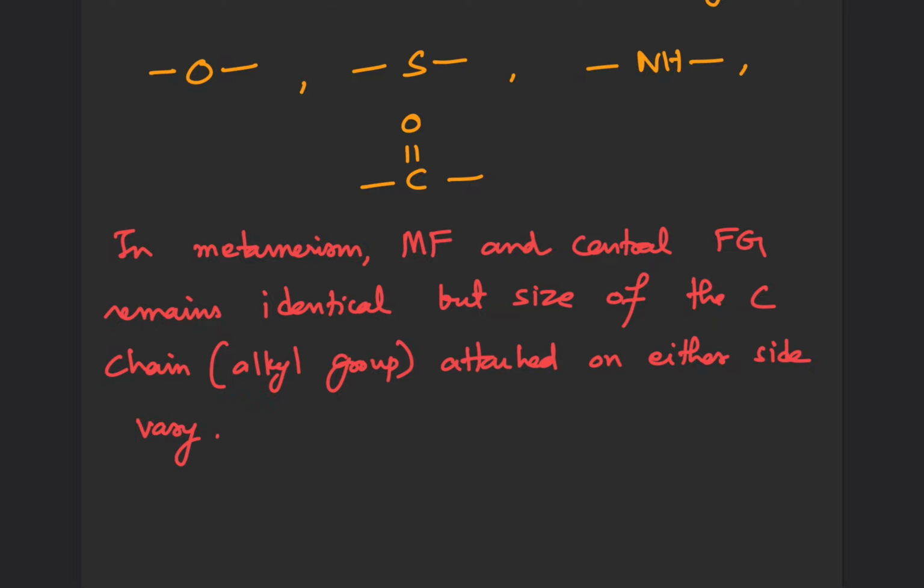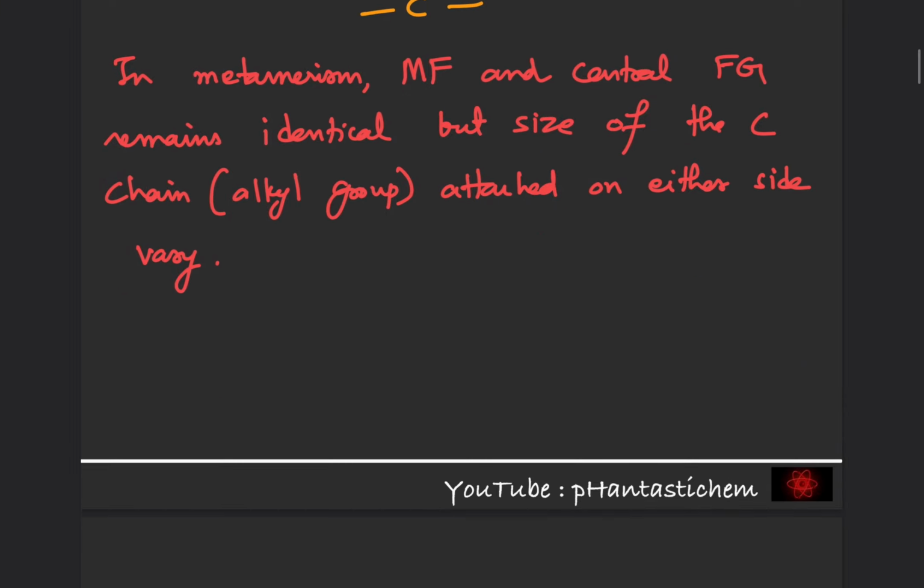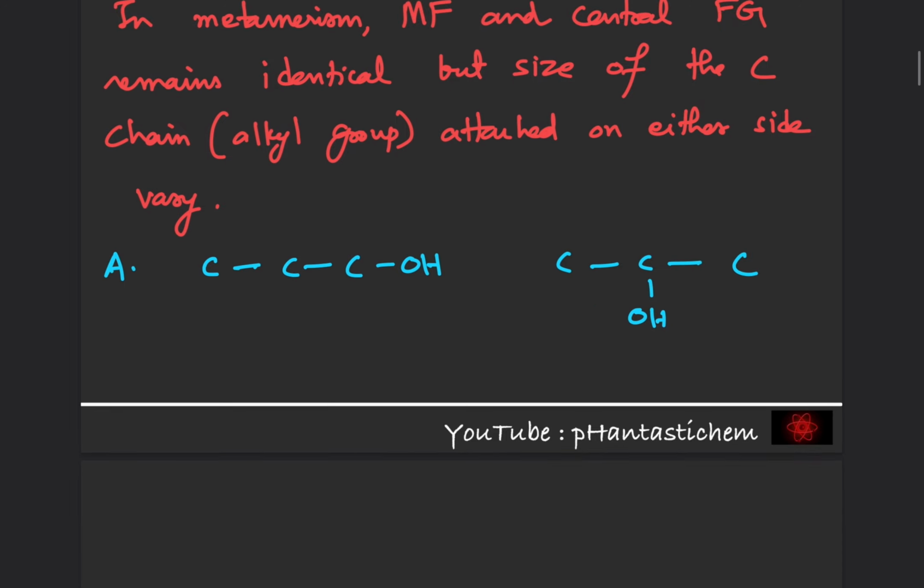Now we can look into the options one by one. Let's look into option A. We have CH3CH2CH2OH and CH3CHOHCH3.